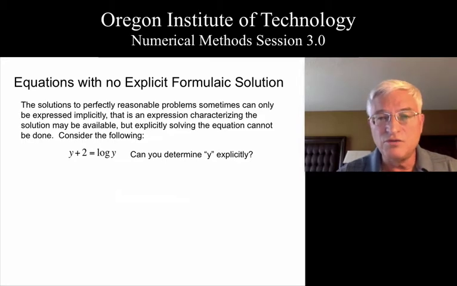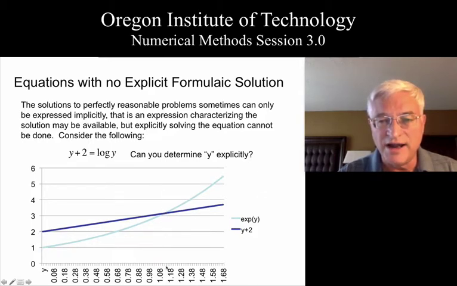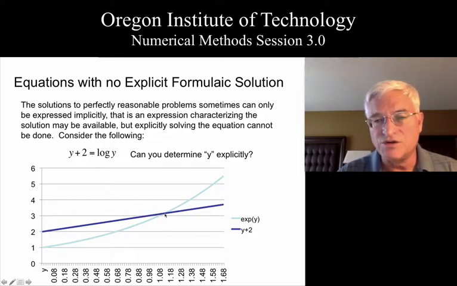If we graph those both separately and look to see where they intersect, we could even draw a line from the intersection point down to the y-axis, and we could find what value of y caused these two functions to be the same. Well, that's the same thing as asking when y plus 2 equals the log of y. Now, if we just do that visually, a little crudely, maybe it's around 1.12 that would be the value that produces an intersection and therefore a solution.